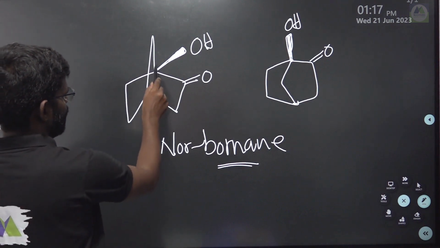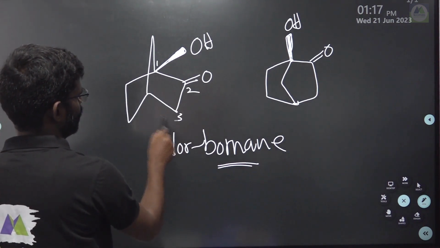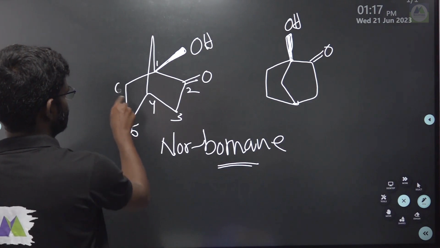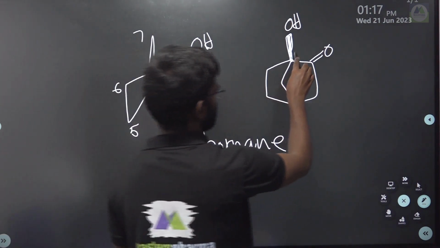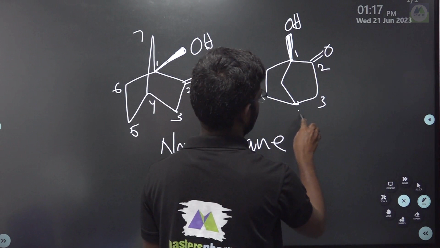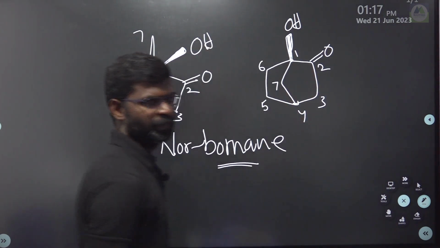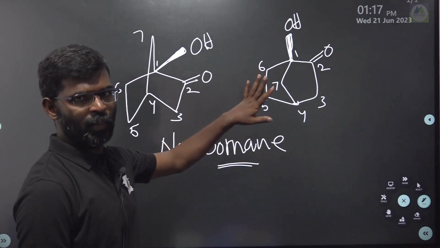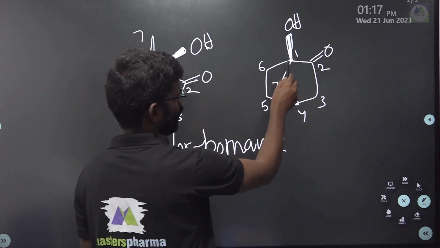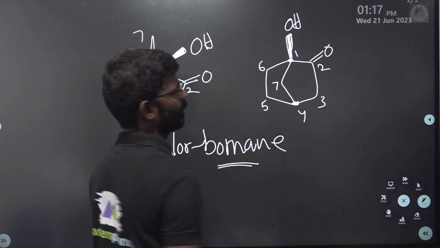Okay, so here carbon number 1, here 2, 3, 4, 5, 6, here 7. So here also 1, 2, 3, 4, 5, 6, and here this is 7. Okay, this is a bicyclic compound. In a bicyclic compound, there are 2 backbone carbons or backbone atoms.